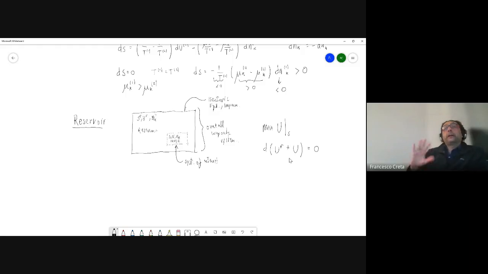So I hope it's not too vague. Again, these are concepts that you will not necessarily need to learn for the exam, but it's something that you do need to absorb: the fact that there are several forms of the equilibrium conditions, and you can manipulate those to find a condition that suits you, using the right chemical potential.